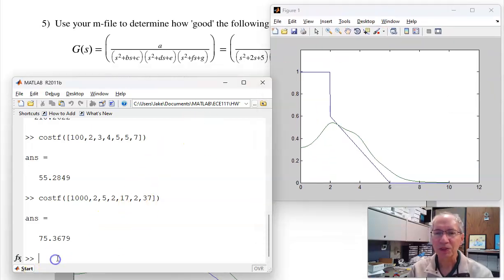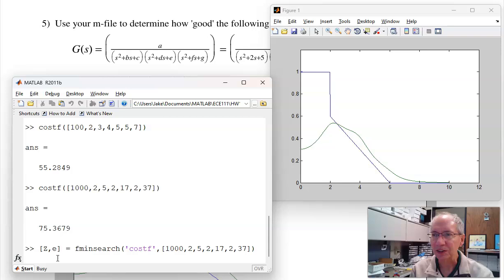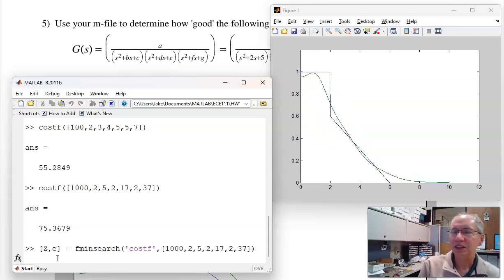Well, this is where fminsearch comes into play. I can guess again, or let fminsearch guess for me. So z, comma, e is fminsearch. I want to minimize this function and give it an initial guess. So there's my initial guess. What Matlab is doing, it's guessing A, B, C, D, E, F, G, iterating.